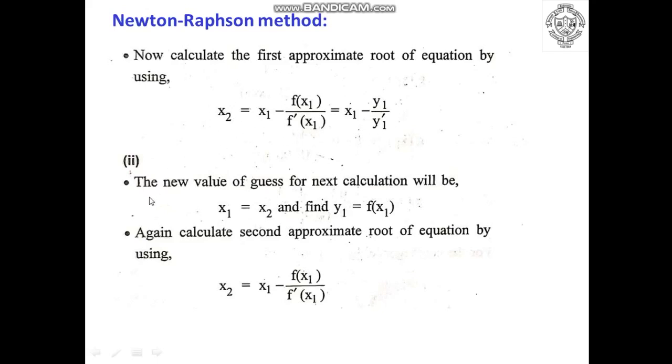The new value of the guess for the next calculation: you can replace x1 with x2 and find out y1 is equal to f of x1. Again calculate the next approximated root using the equation x2 is equal to x1 minus f of x1 divided by f dash of x1.